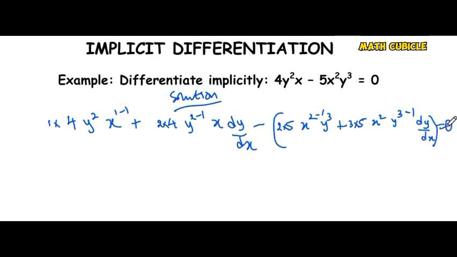so dy dx is equal to 0. So this becomes 1 times 4 is 4y squared, x raised to power 1 minus 1 is x raised to power 0, and anything raised to power 0 is 1.